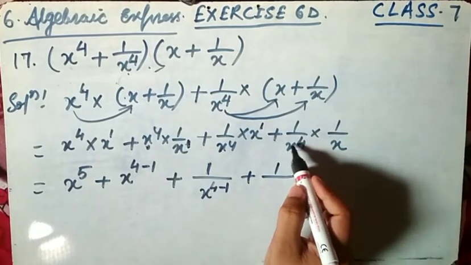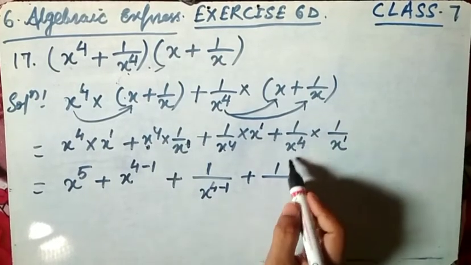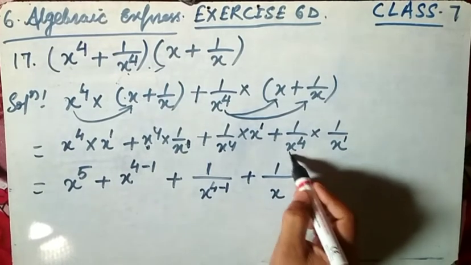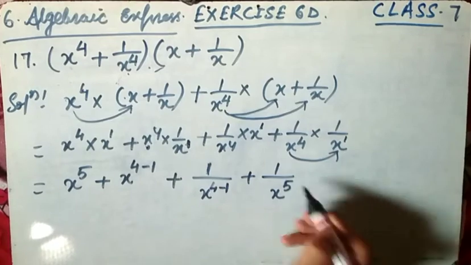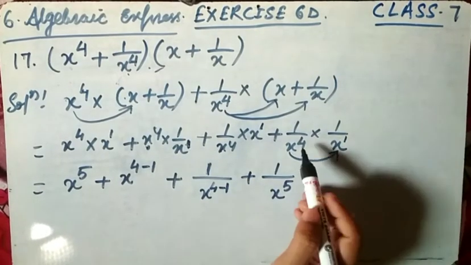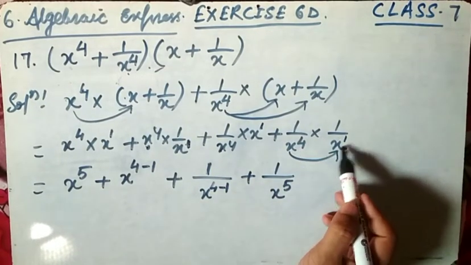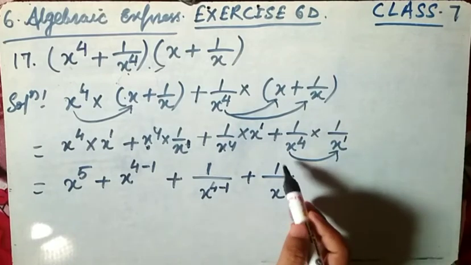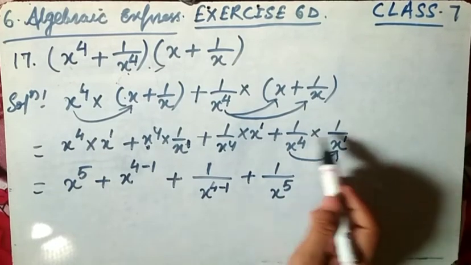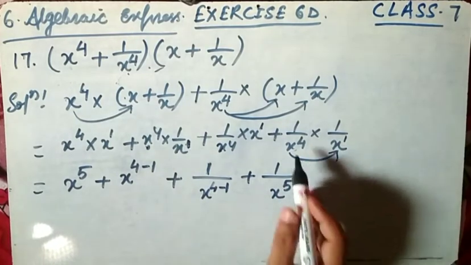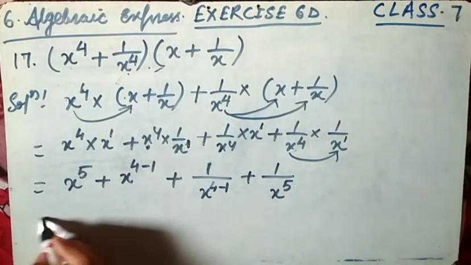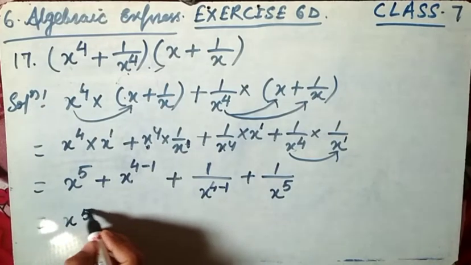Now x raised to power 4 and x raised to power 1 have the same base, so write the single base and add the exponents, 4 plus 1 is 5. But remember, these terms are in the denominator, so we place the resultant value in the denominator, in the same position. So x raised to power 5 as it is.